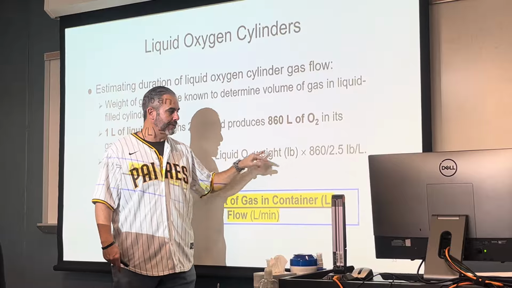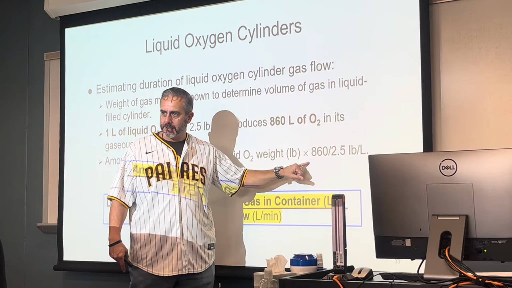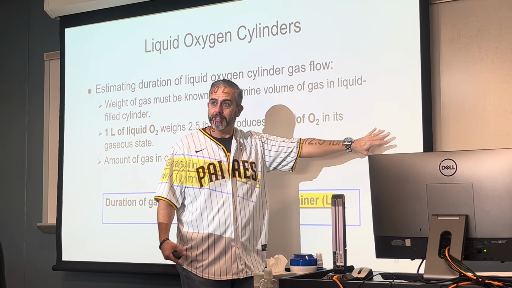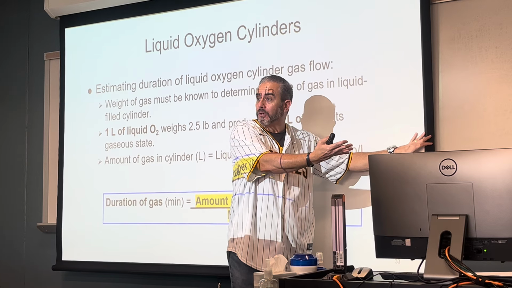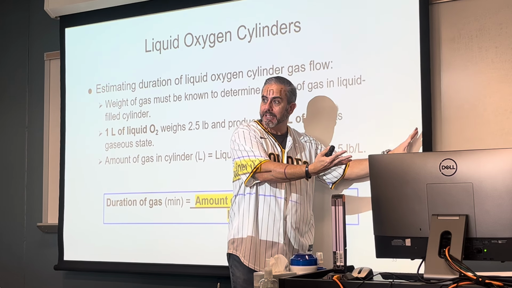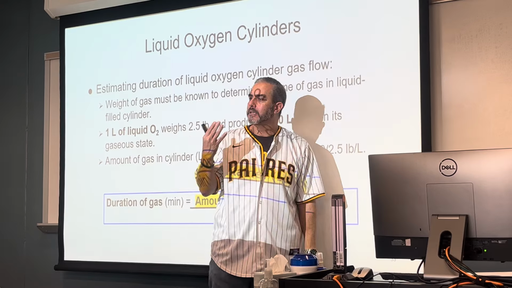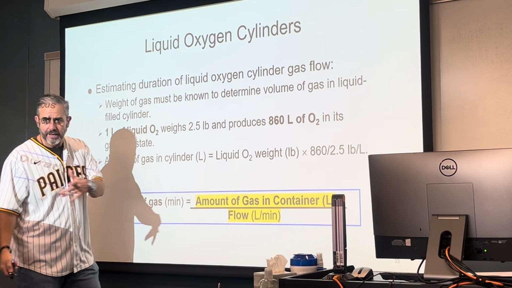Once you solve this, the weight times 860 divided by 2.5, that's going to tell you in liters how much gaseous oxygen you have. That doesn't tell me how long it's going to last, but it tells me how many liters. Then I do just like I did on the previous equation. Take that number, divide it by the liter flow. And we'll do an example together.